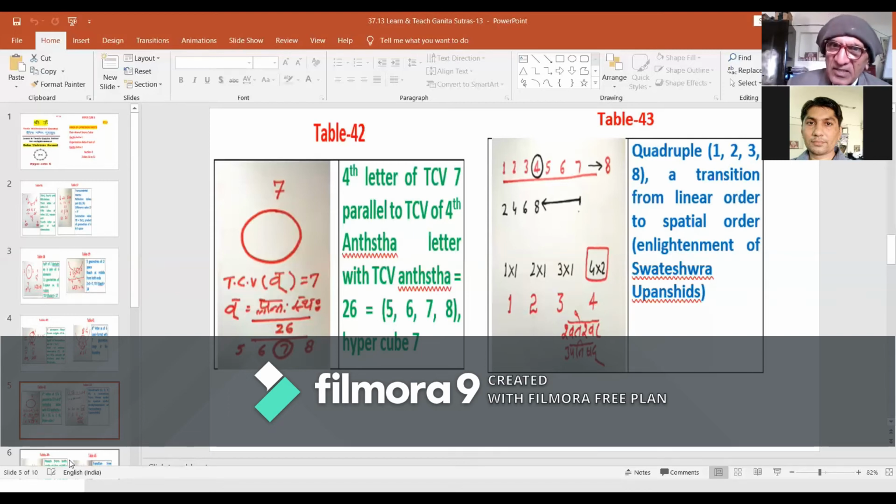It is the enlightenment of Sapteshwara Upanishad. In fact, it is this comprehension in terms of which we, as students of Vedic mathematics, will be having a real breakthrough for our linear order mental state to fathom, to glimpse, to dive into a spatial order for space. Therefore, 1, 2, and 3, and then reach could have been at value 4 only if we were along a linear progression format of a line.